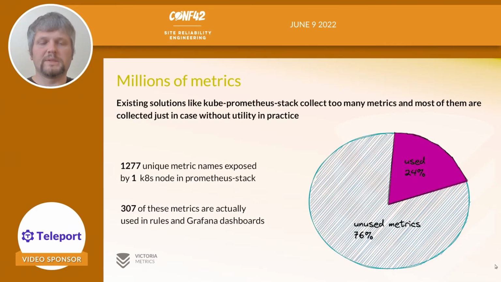So what does it mean? This means that existing solutions like the Kubernetes Prometheus stack collect too many metrics, and most of them are unused. This chart shows that only 24% of collected metrics from the Prometheus stack are actually used by alerts, recording rules and dashboards, and 75% of metrics are never used by current monitoring solutions.